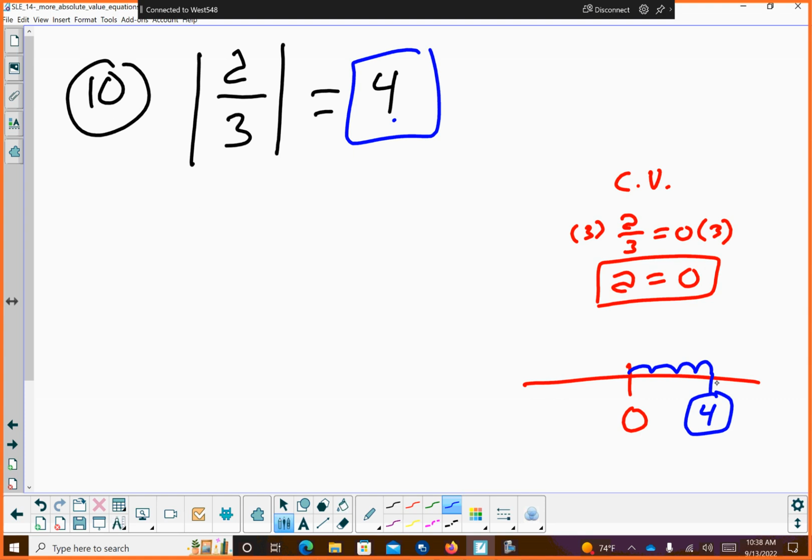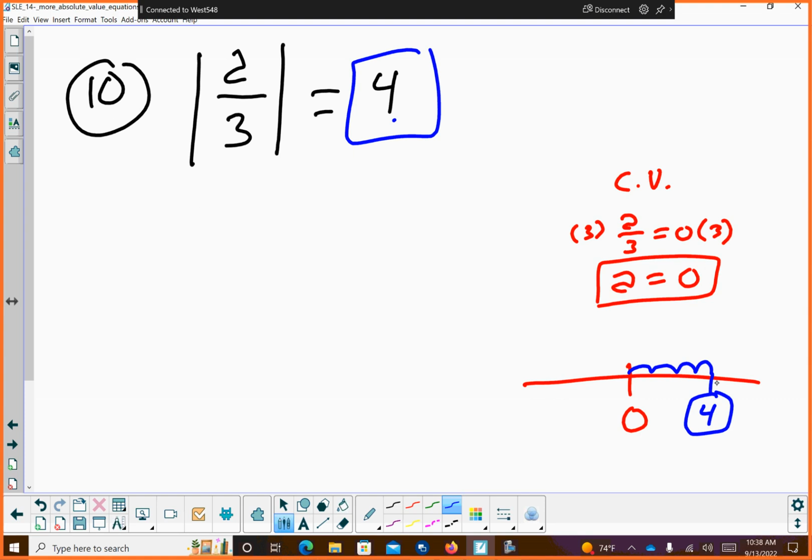Yeah, 12. Okay, now let's think about this. I love your 12. I think that's totally right. I have 4 here, but we're saying it's 12. So what really happened? How did I get 12 from that 4 answer? Yeah. Common denominator. Almost. Think about this.